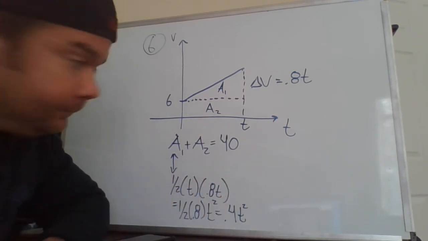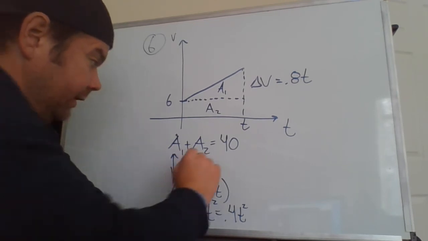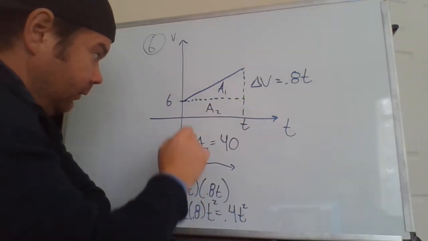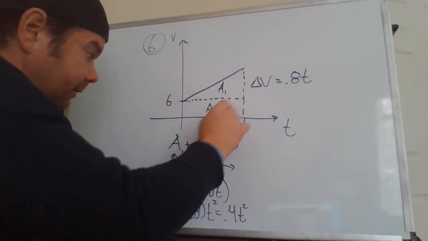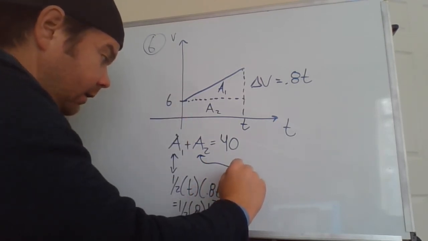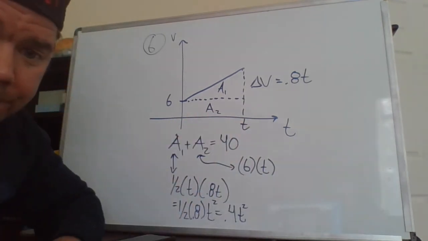All right, so what about the area 2? Area 2, that's a bit simpler because it's a rectangle. Base times height is going to be the initial velocity for the height, which is 6, and the time is t.